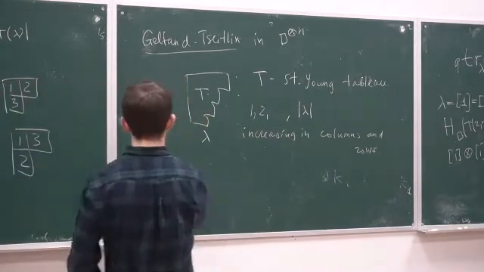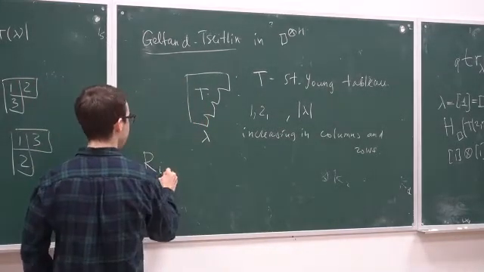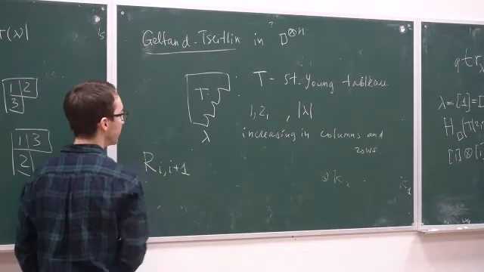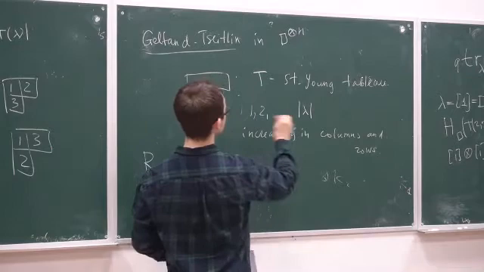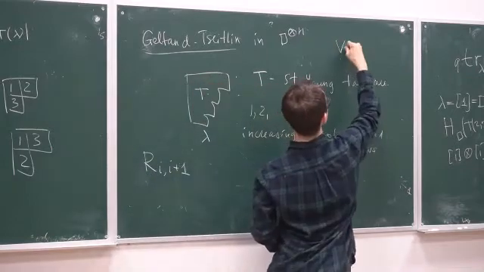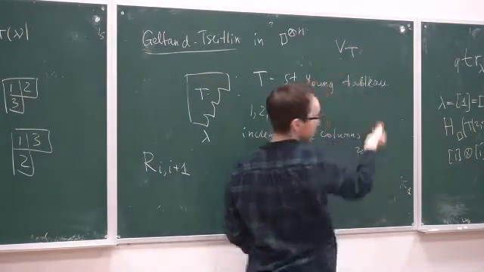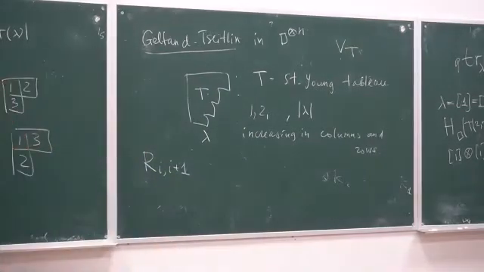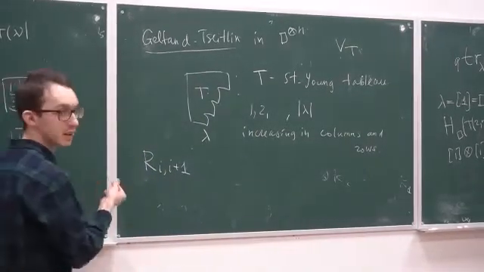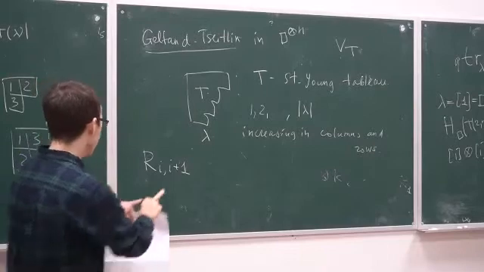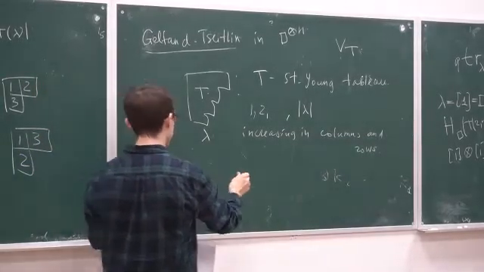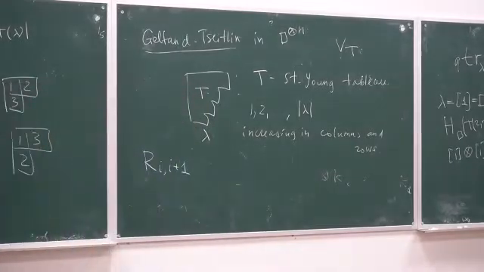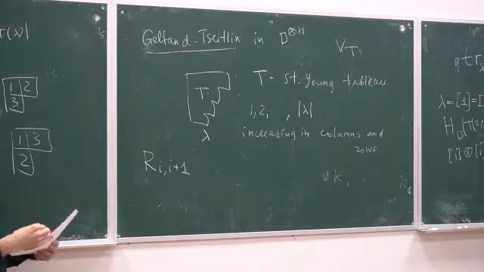And let's describe how R_{i,i+1} acts in this basis. Let's denote the basis element by V_T for any Young tableau. A Young tableau in particular defines its shape, its Young diagram. These matrices are quantizations of the permutation operators in the symmetric group.